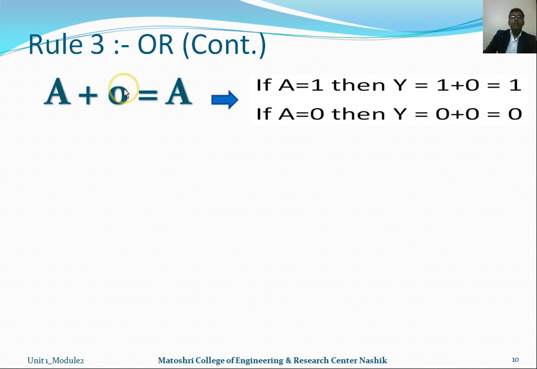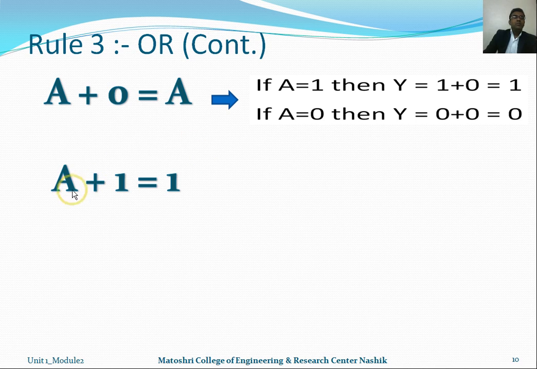So 1 OR with 0 gives the output Y as 1, which is nothing but the value of A. Similarly, if we put the value A as 0, then the output Y is 0 OR 0, which is 0, the value of A. Whatever Y value we get is nothing but the value of A we put. So A OR with 0 gives A.